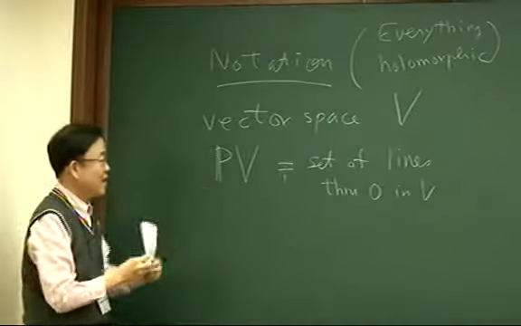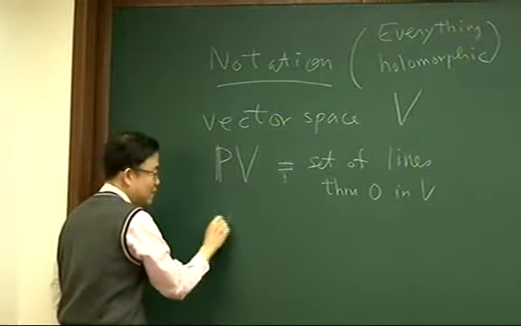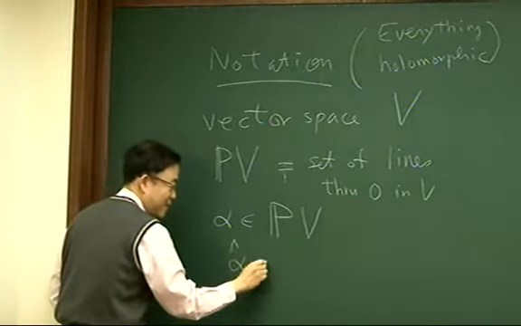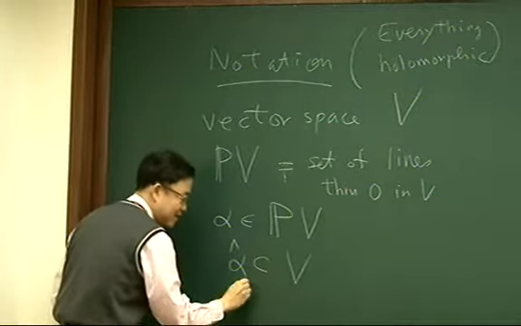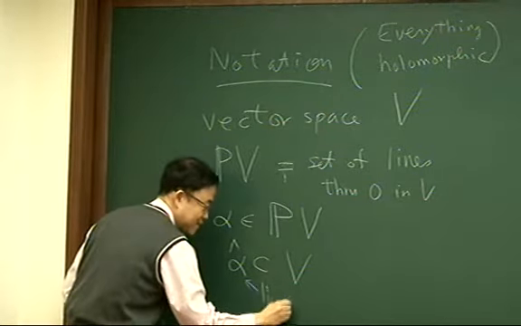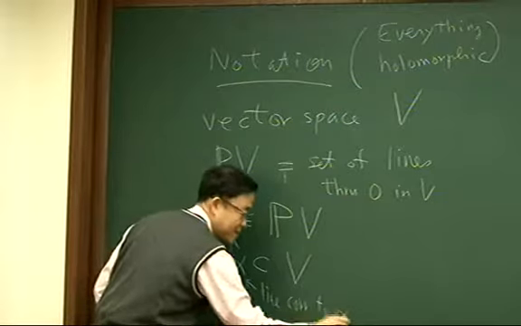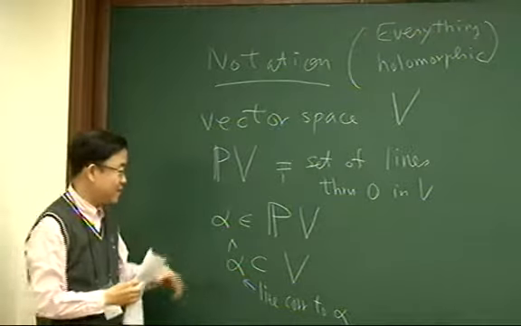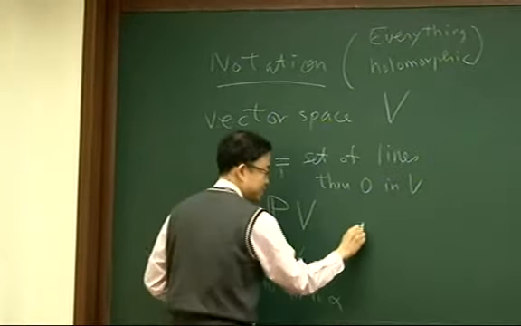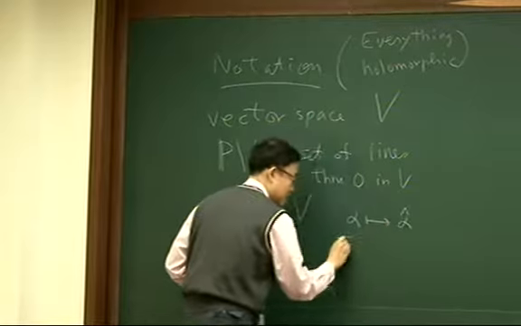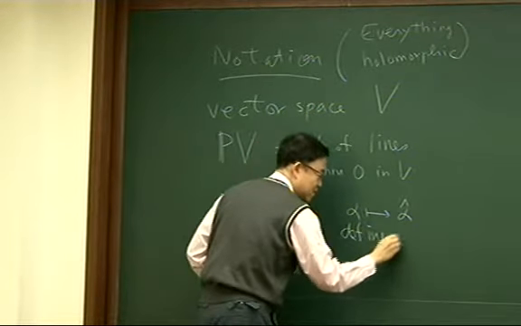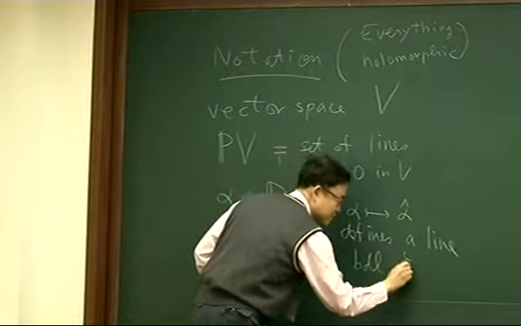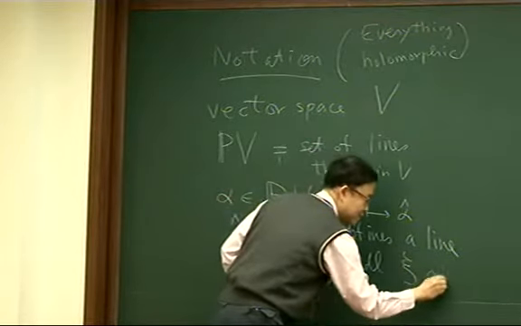Okay, and then I use the following notation. When you are given a point alpha in the projective space, alpha hat is the cone. So this is the line corresponding to alpha. Okay, and then this assignment alpha to alpha hat defines a line bundle, which I denote by this on PV.